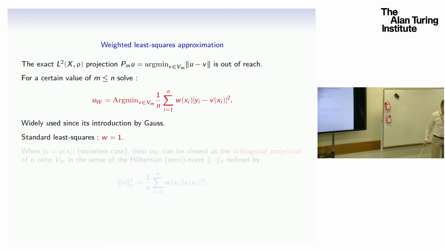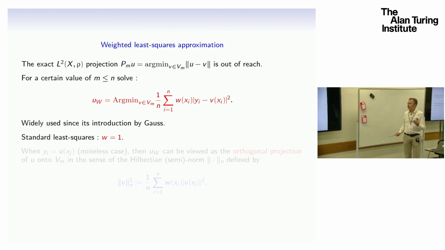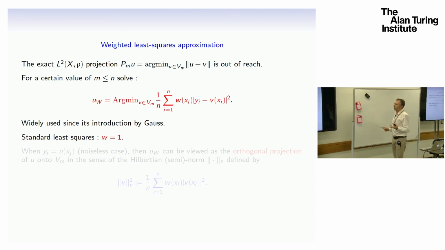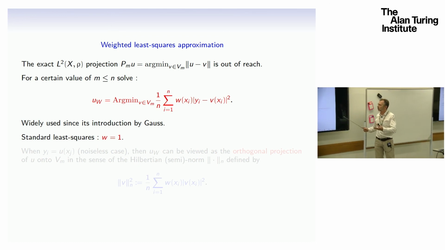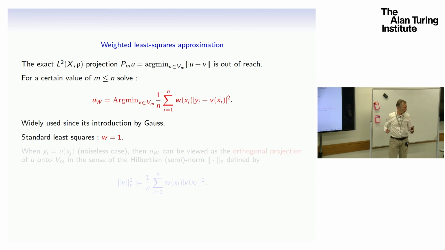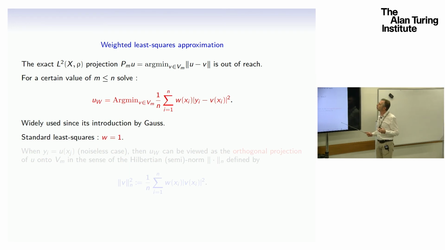Okay, so when we are there, it's quite tempting to use least squares methods. Why? Because least squares methods are some way of emulating at the discrete level the L2 projection. Okay, the L2 projection is out of reach.